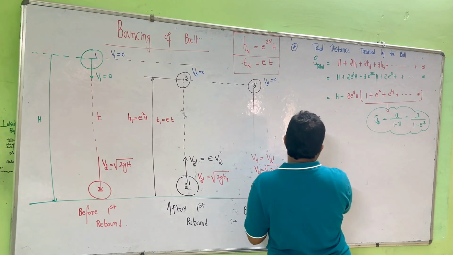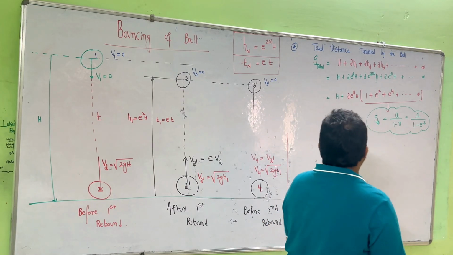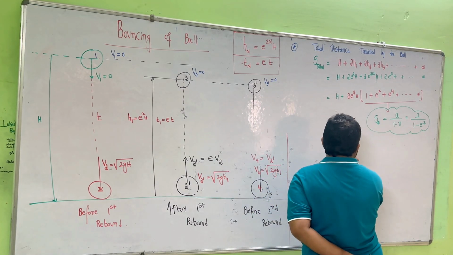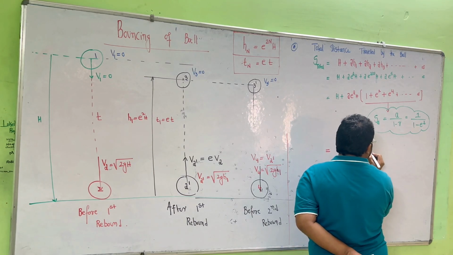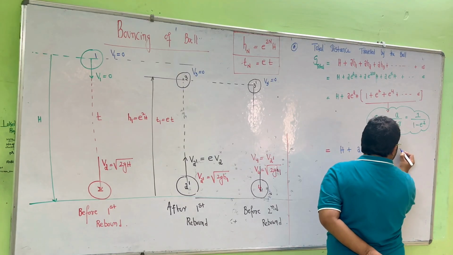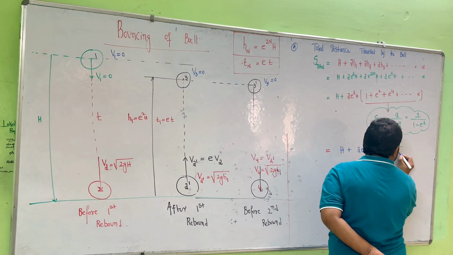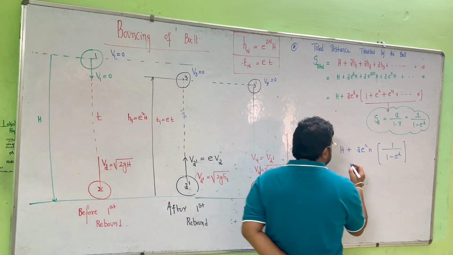That equals h plus 2 times of e square into h into how much? A by 1 minus r. Okay now, then what we will get?